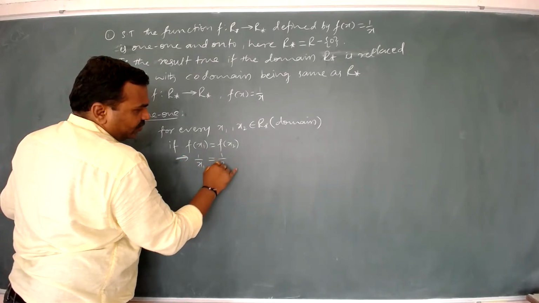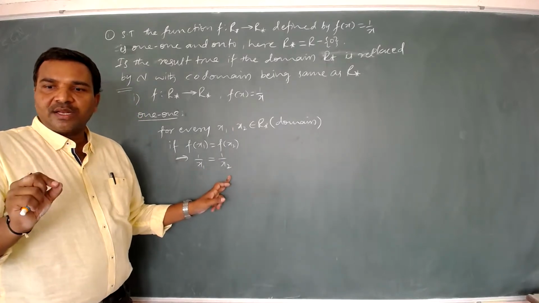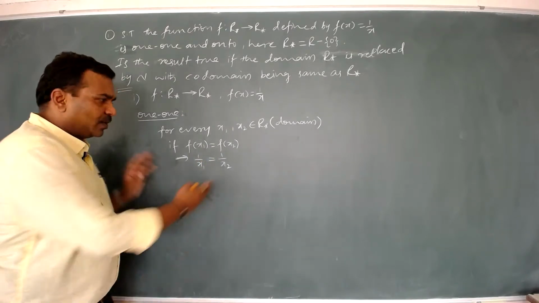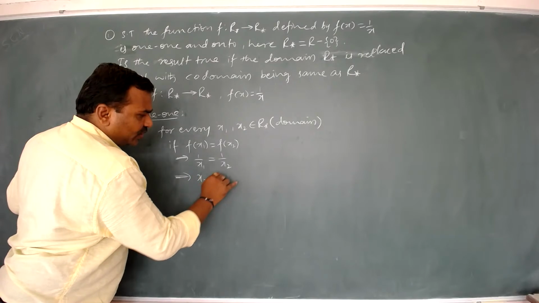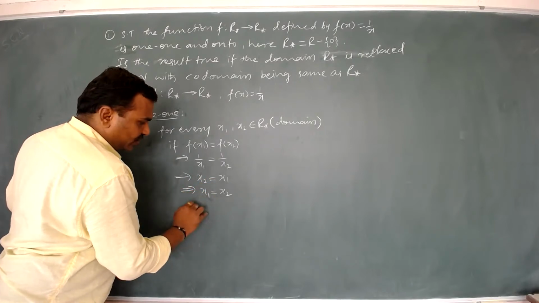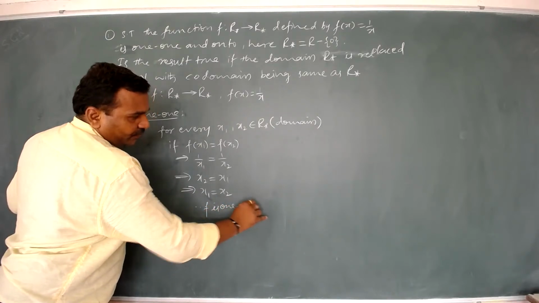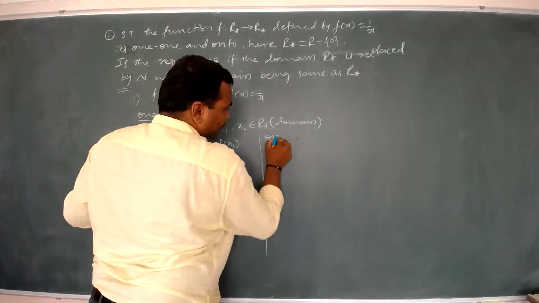F of x2 is 1 by x2. Here x1, x2 are non-zero real numbers, so it is possible. 1 by x1 is possible, 1 by x2 is also possible. By simplifying, by cross multiplication, we can write x2 equals x1, or simply x1 equals x2. Therefore, f is one-one. Correct? Go for onto.